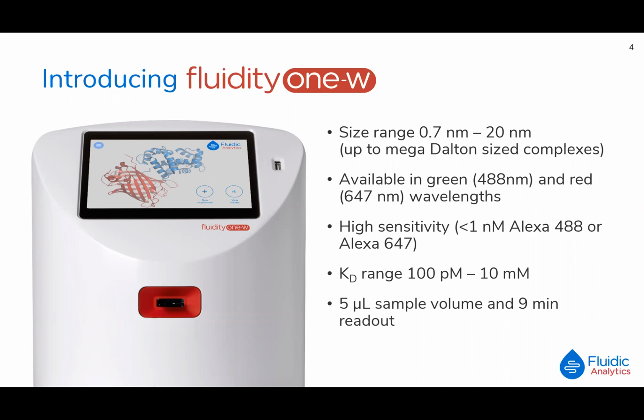The sensitivity of both systems is about 1 nanomolar of ELISA dye, with KD ranges down to 100 picomolar at the lower end. The sample volume requirement is very small, with only 5 microliters required per radius measurement and about a 9-minute readout per data point.